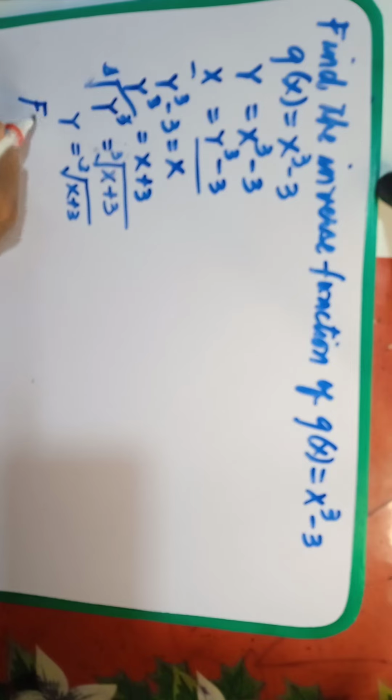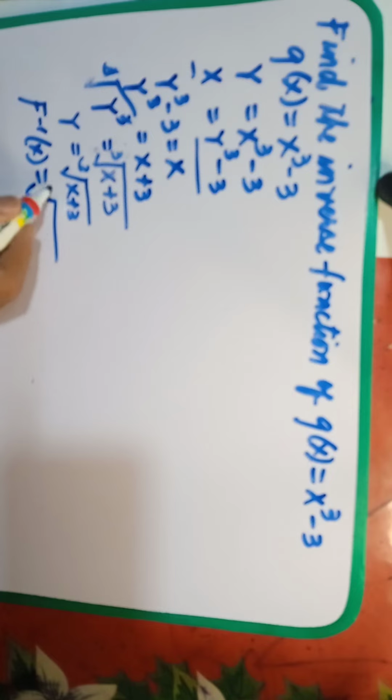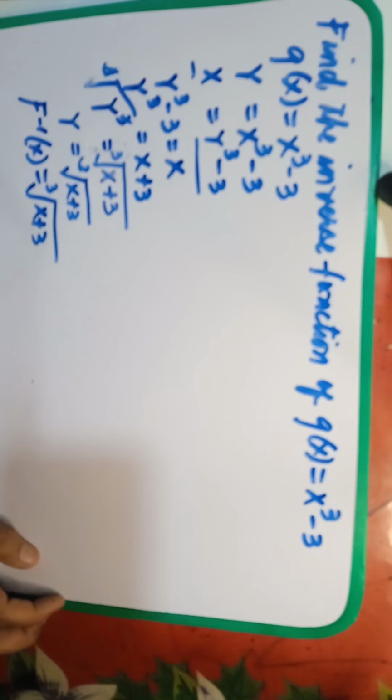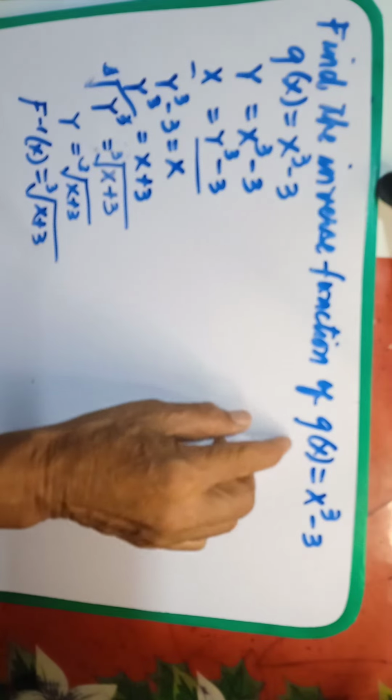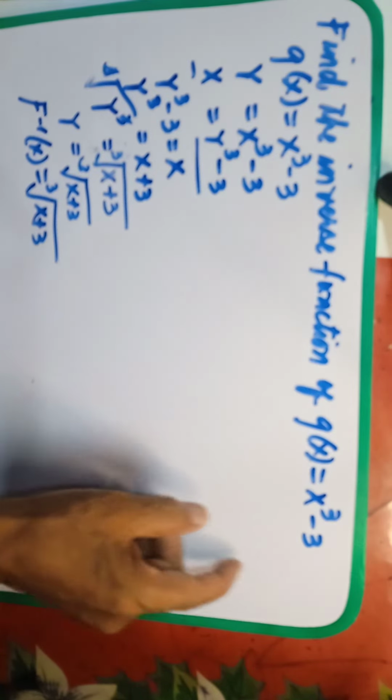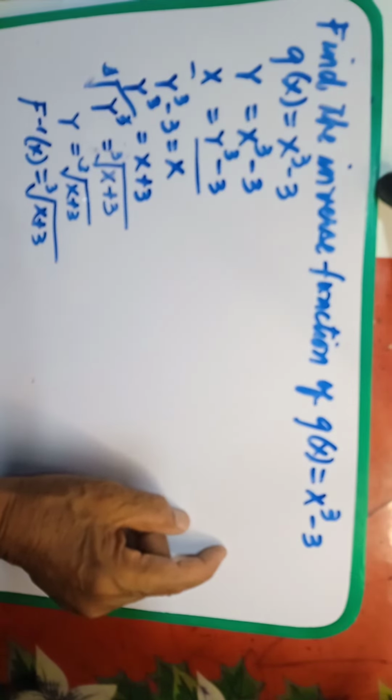We have f inverse of x equals the cube root of x plus 3. So that is now the answer: the inverse of g of x equals x cubed minus 3.